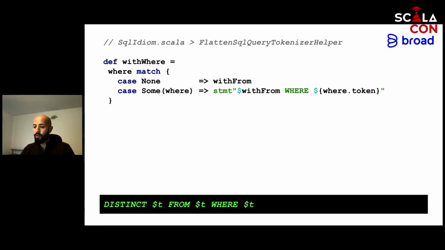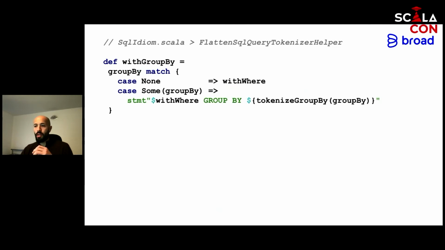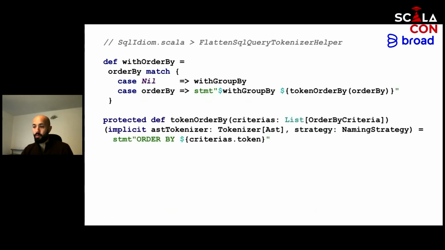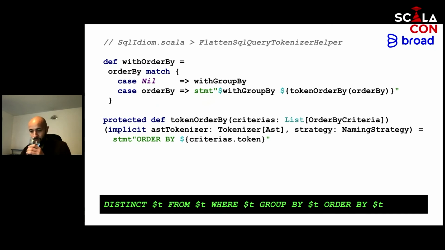We will generate a distinct from where something. Going to the next one, we'll have group by, that will be present as well. That will generate this SQL at this point. And then we will have order by as well. Order by will generate, according to that criteria, something like that.